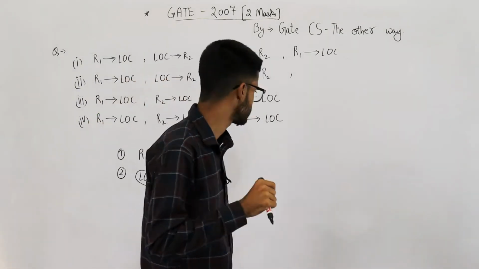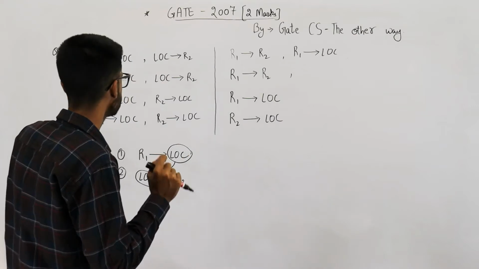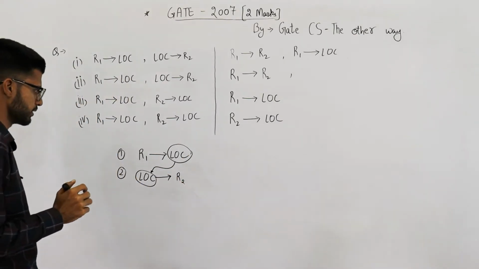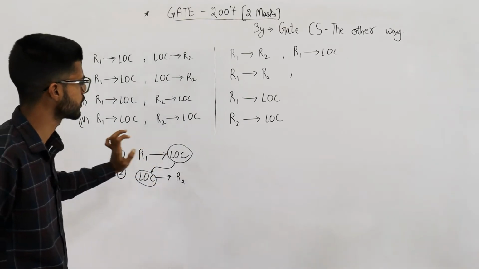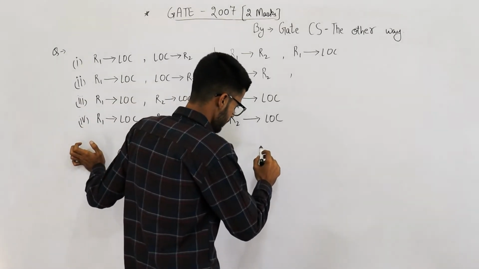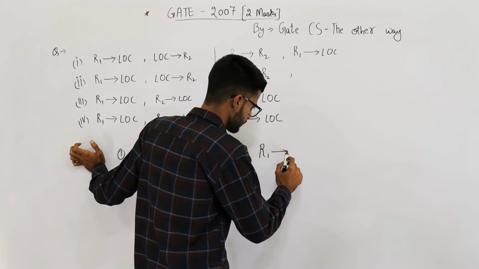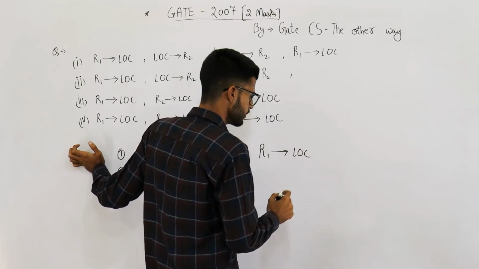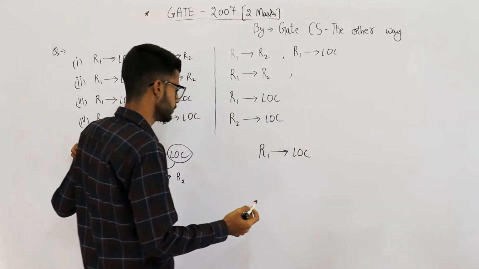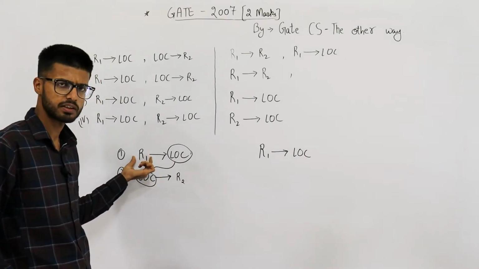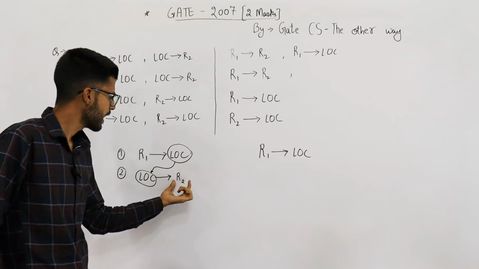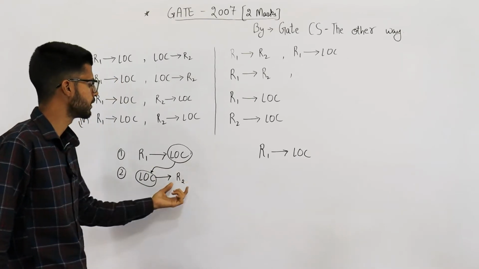First we will just understand the second term, which is data forwarding. So data forwarding means if we try to forward data here, first what is happening? R1's value is first being given into location, then now this location contains the same value that R1 contained, that very value is also being copied into R2.